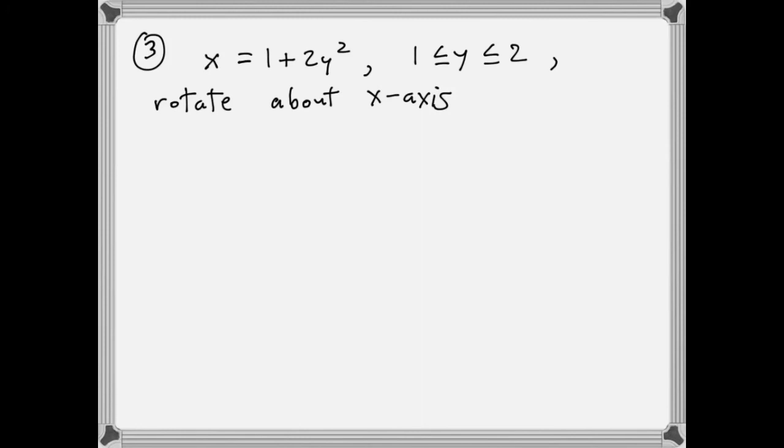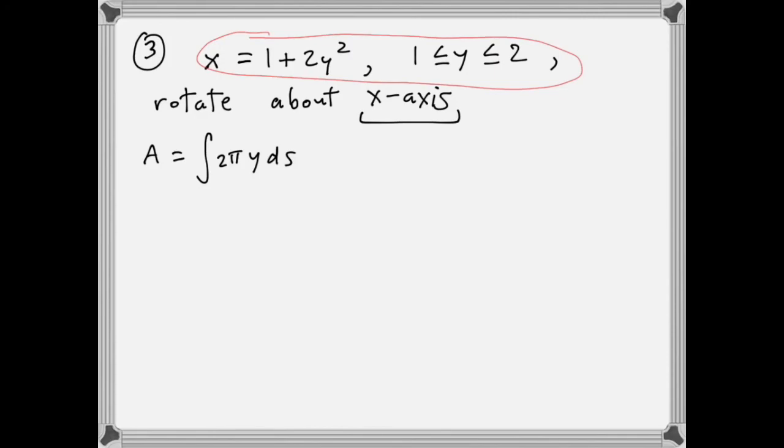So because we're rotating it around the x-axis, we know that the area is going to equal the integral of 2 pi y ds this time. But everything that we see here is in terms of y. So that means that my integral is going to be in terms of y also.